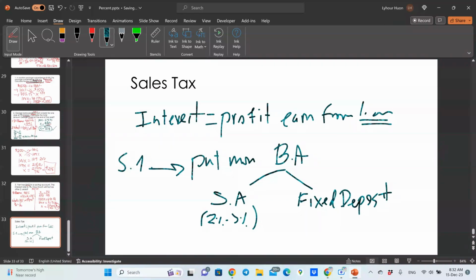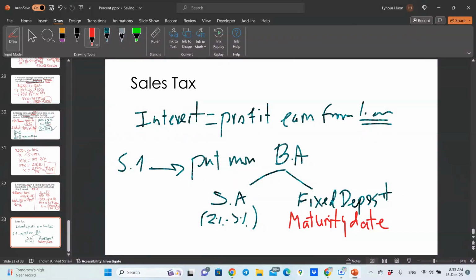Maturity date. So maturity date is the date that you can withdraw the money.